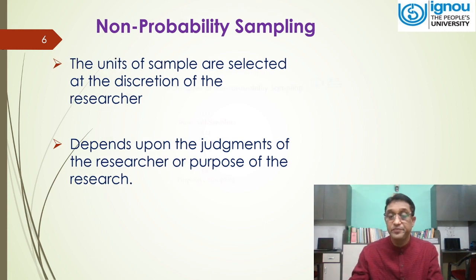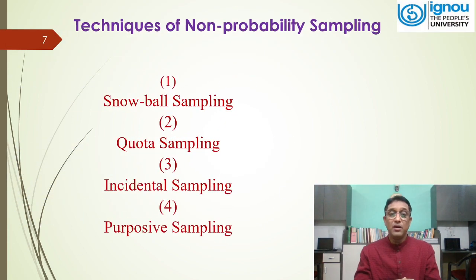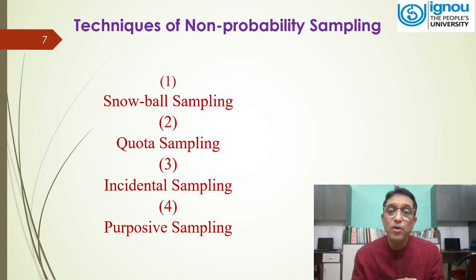Let us go forward. So the techniques that we follow for selecting a sample by using the non-probability sampling method are: first is snowball sampling, second is quota sampling, third is incidental sampling, and the fourth is purposive sampling. So these four sampling techniques we can use to select a sample by using the non-probability sampling method.